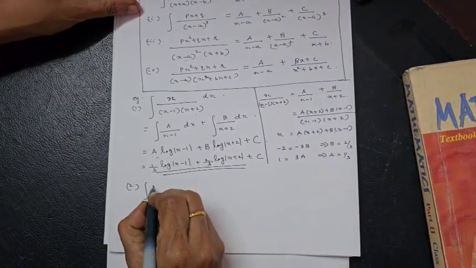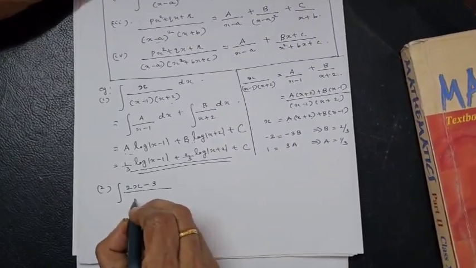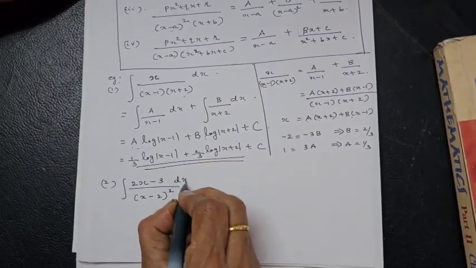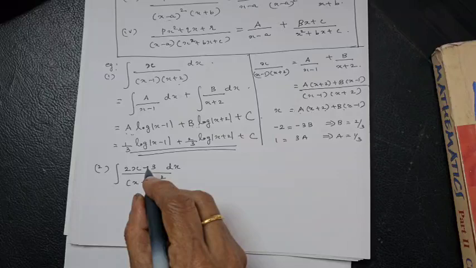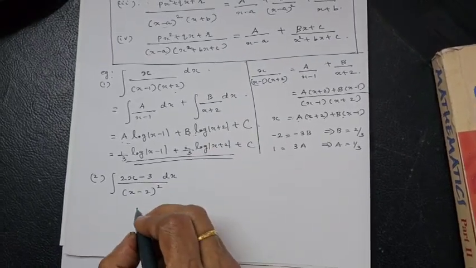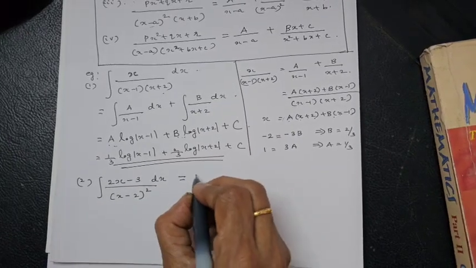Maybe it can be some 2x minus 3 by x minus 2 whole square dx. So it's a proper rational function with repeated linear factors. Okay, so what is that?